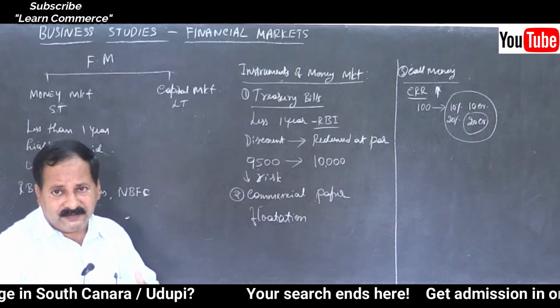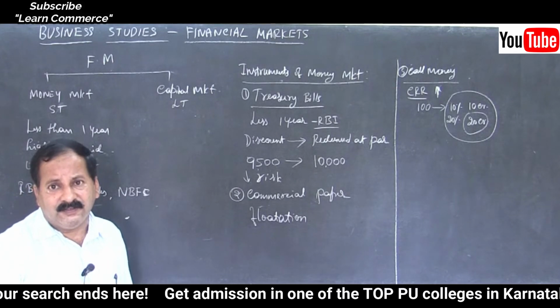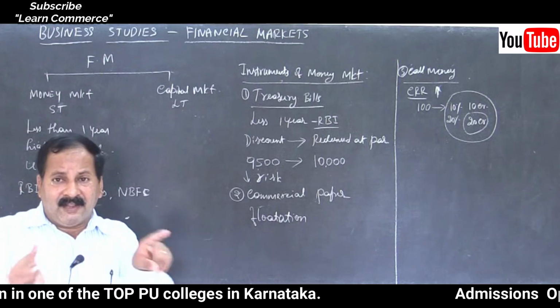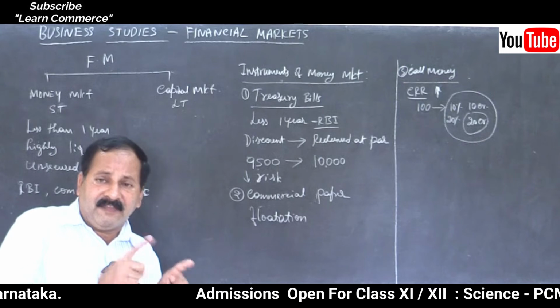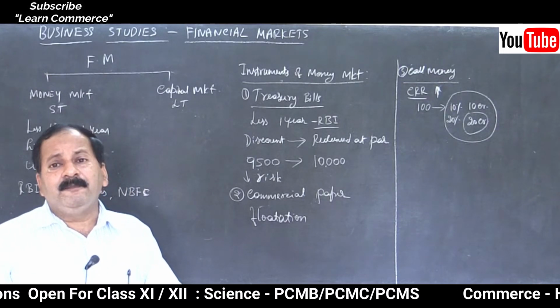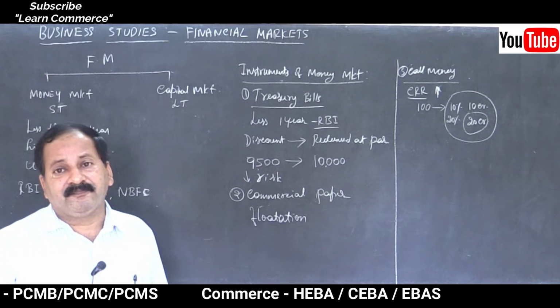Suppose Canara Bank may borrow from Union Bank, isn't it? So this is an interbank transaction. One bank borrows money from the other bank to meet a temporary shortage of funds. This is called call money.